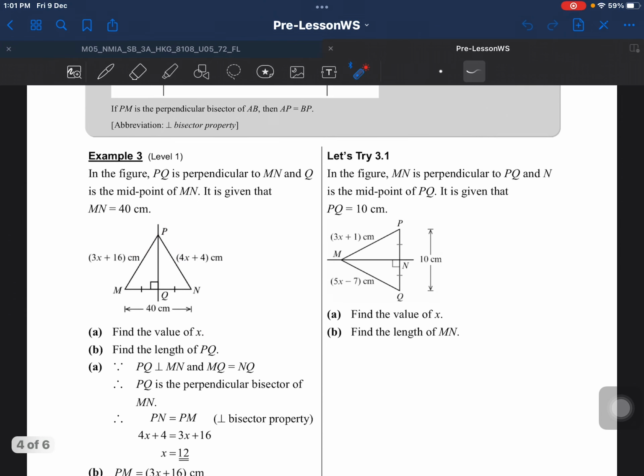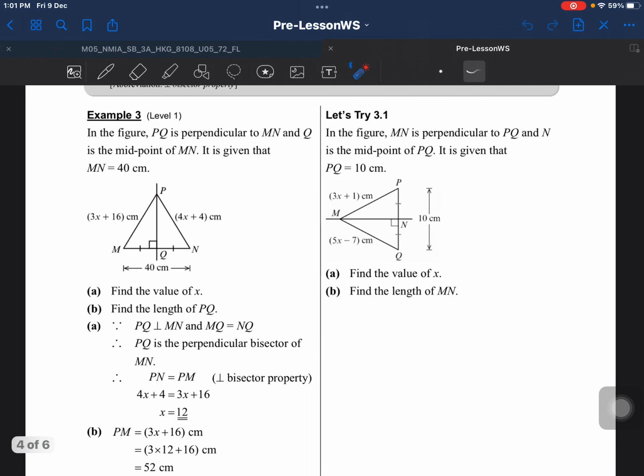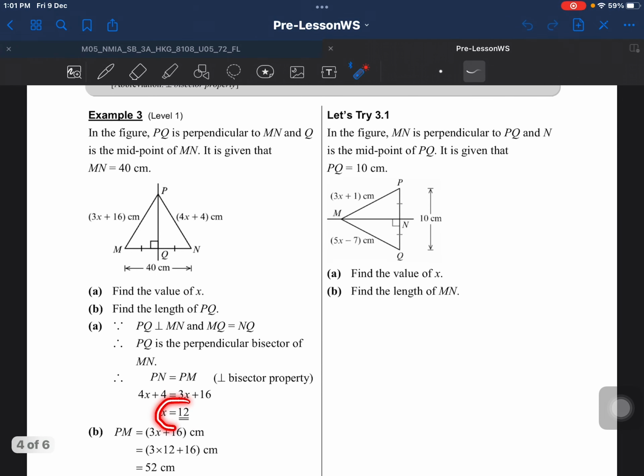And then after that, we also need to find the length of PQ. If we find the value of x equals 12, then after substitution, the length PM equals 52. And then because PQ is the perpendicular bisector, this line segment MQ equals 20 cm, right?